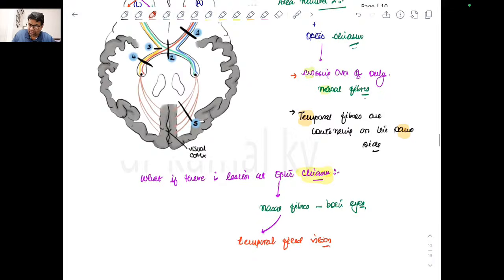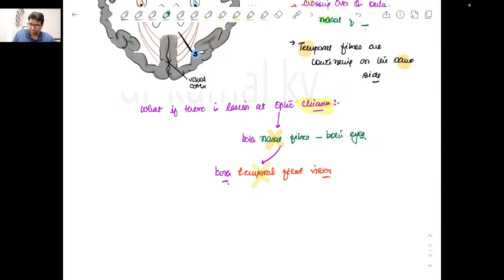So both the nasal fibers are carrying images from both the temporal fields. So if both the nasal fibers are gone, it means there will be no image perceived in both the temporal fields. Clear? And therefore what we will call it? Bitemporal.